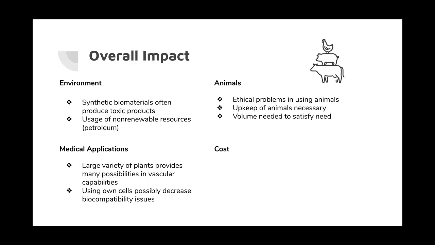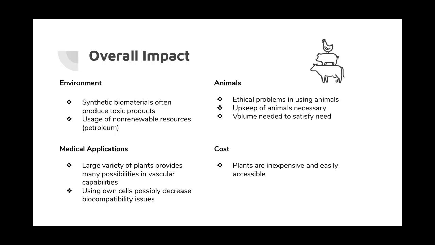Along with this, since we're using living materials, this could decrease our chances of having biocompatibility issues. Additionally, plants are easy and cheap to obtain. We saw earlier we use spinach leaves from the market, so this is relatively inexpensive. So overall, this provides us with a promising solution to our problem.